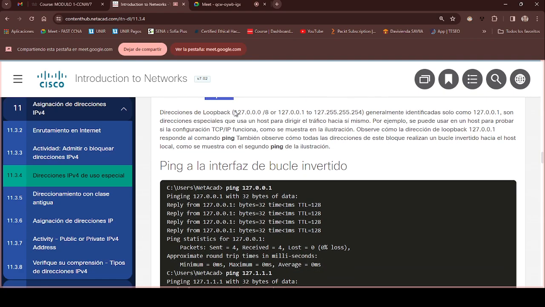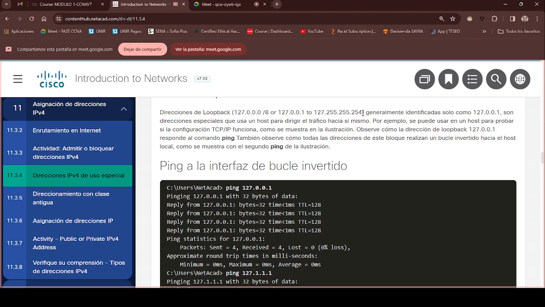La dirección loopback es una dirección en el bloque 127.0.0.0/8. ¿Qué quiere decir? Todo lo que empiece por 127. Va desde la 127.0.0.1 hasta la 127.255.255.254. Ya en realidad va hasta la 255, lo que ocurre es que 255 sería un broadcast.